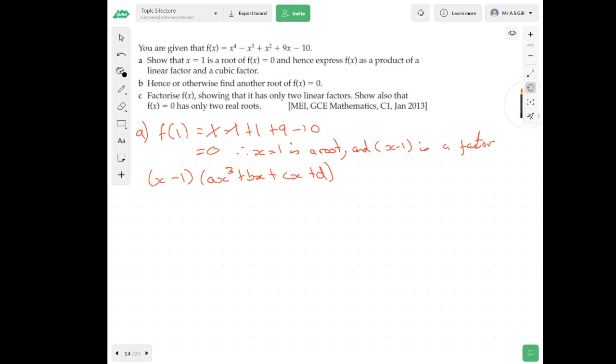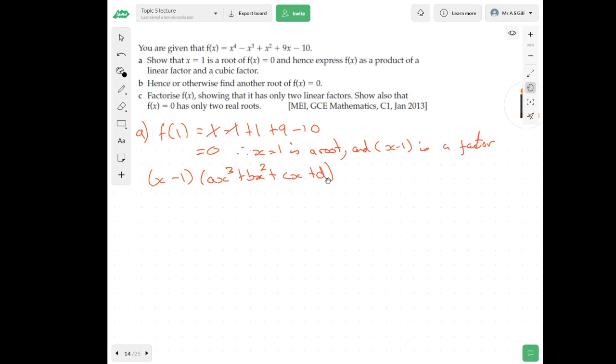I've subbed in f of 1 and shown that we get 0 out. And I made the statement, therefore, x minus 1 is a factor. And then I've created my general cubic here, ax cubed plus bx squared plus cx plus d.